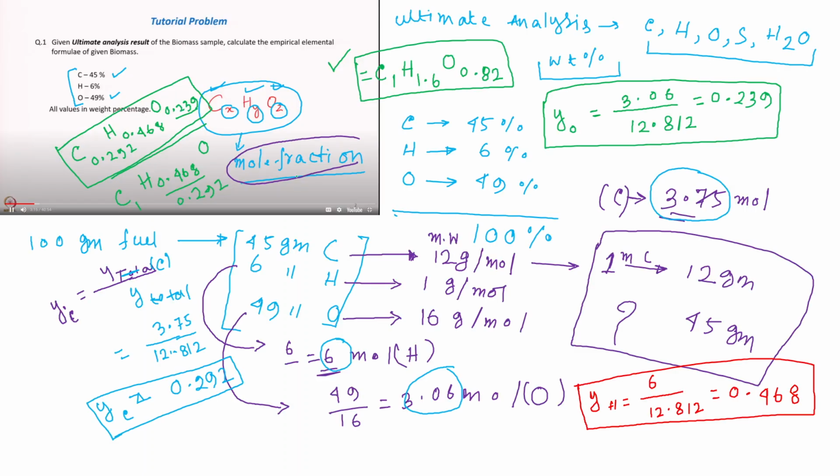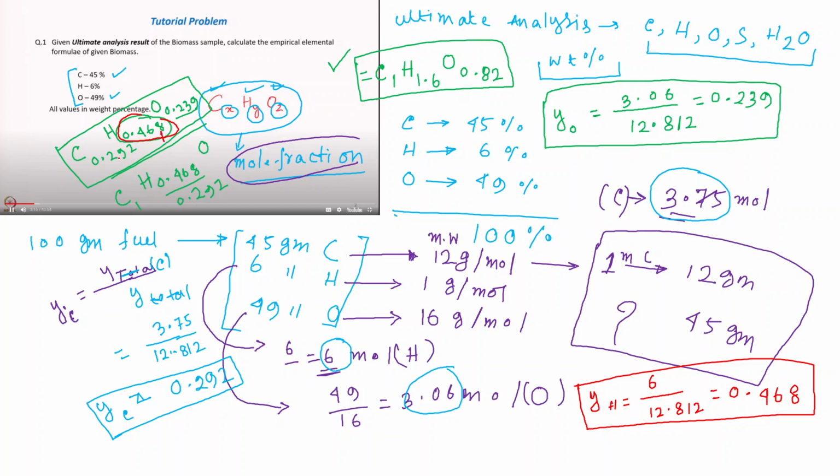According to your MCQ questions, you have to rearrange it. Suppose you want hydrogen as one, you just divide everything by 0.468.